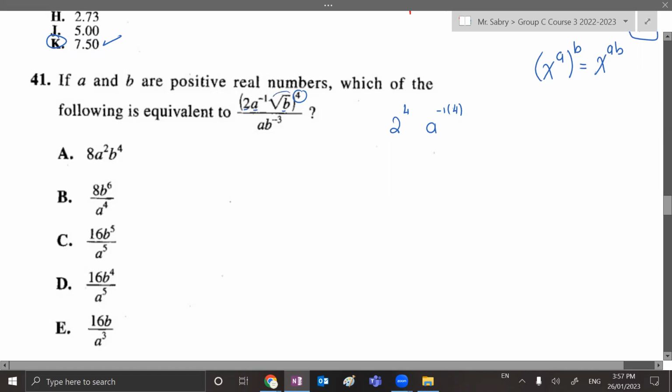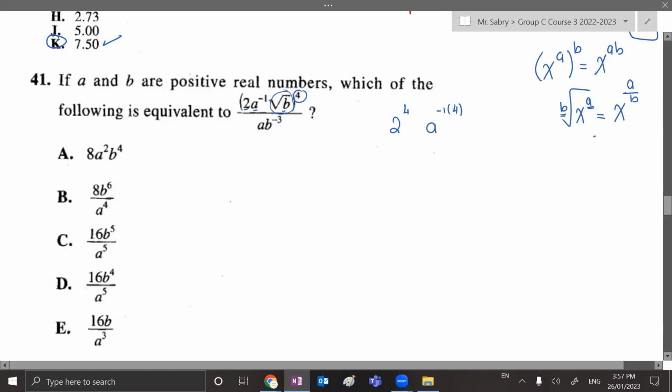Now, instead of root b, because we can't really deal with the roots easily, we can, according to this rule, change from a radical form to an exponential form, from root to power. And we can make it x to the power of the inside power over the outside one, x to the power of a over b.